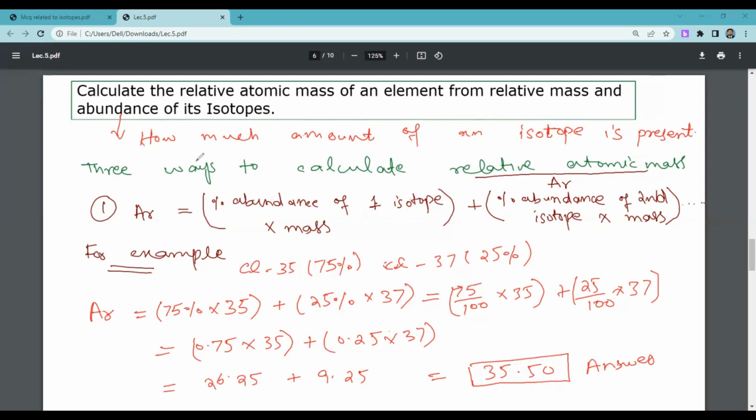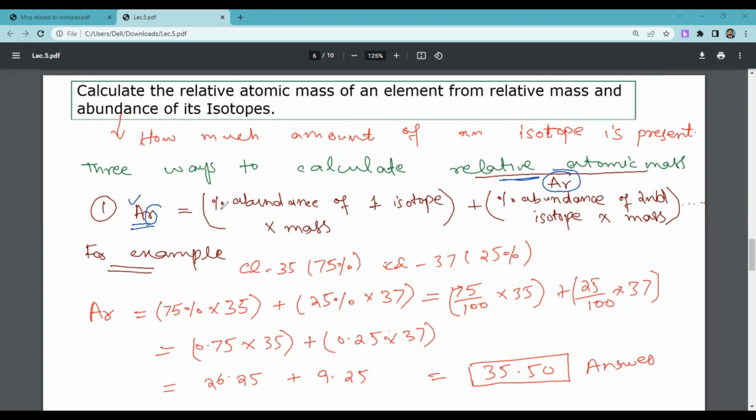So by using this information, the abundance and the relative mass of isotopes, we can calculate the relative mass of an atom, also known as the average mass of an atom. So let's calculate. The first formula: I will show relative atomic mass by this notation. The R shows relative and A shows atomic mass.